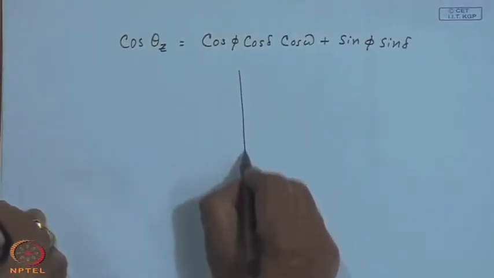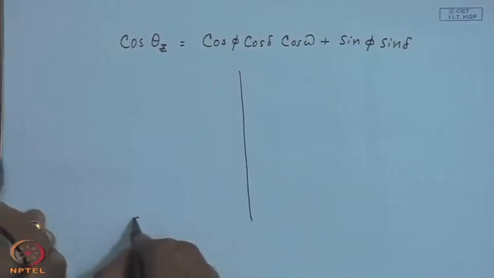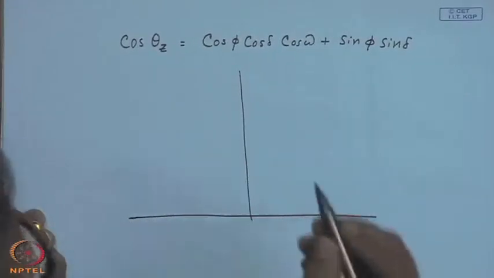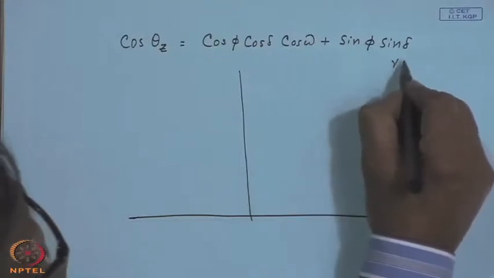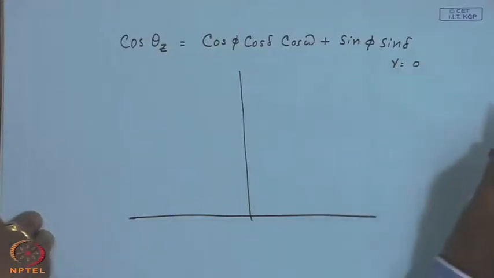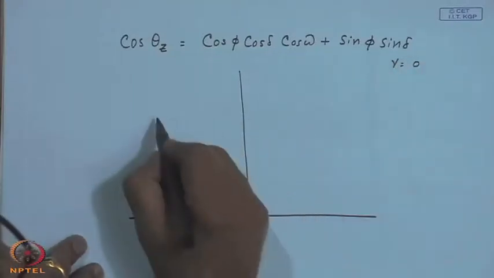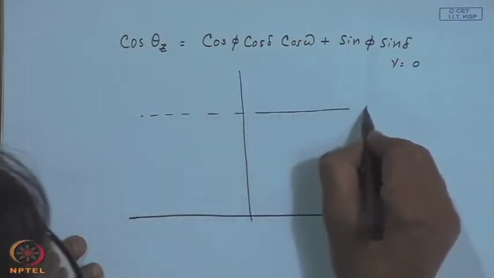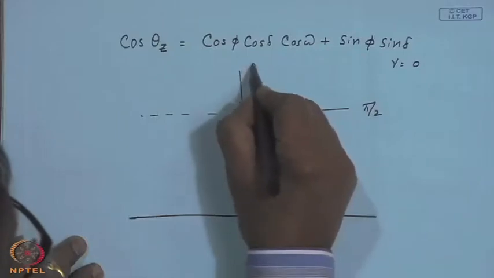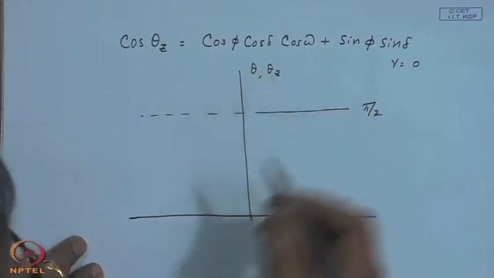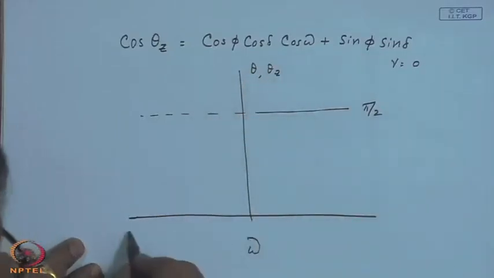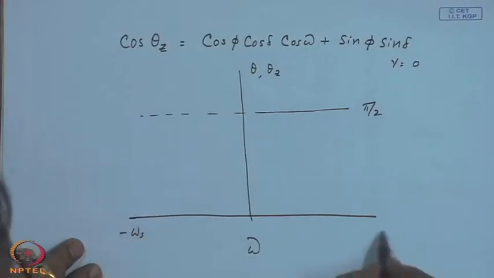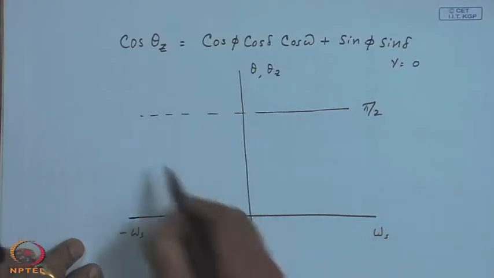Now, if I try to plot again gamma equal to 0 only, because that is easily understood, south facing surface, this is pi by 2, theta or theta z, omega, minus omega s, plus omega s.